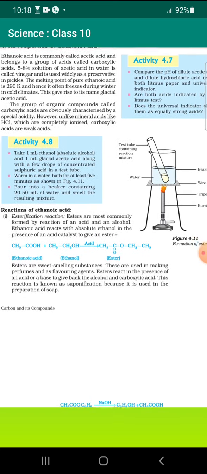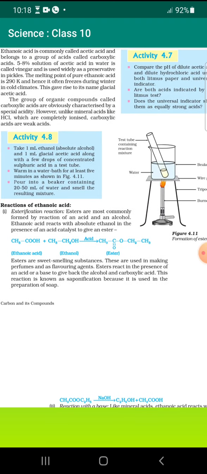Properties of ethanoic acid. Ethanoic acid is commonly called acetic acid and belongs to a group of acids called carboxylic acids. A 5 to 8% solution of acetic acid in water is called vinegar and is used widely as a preservative in pickles. The melting point of pure ethanoic acid is 290 K, and hence it often freezes during winter in cold climates.